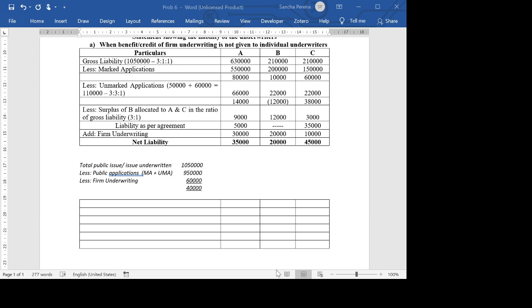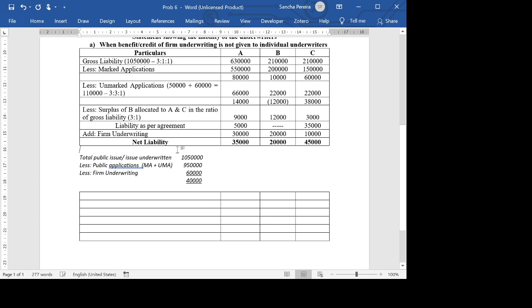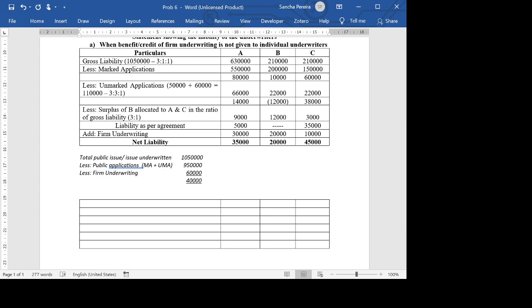My question is, what do the underwriters have to pay the company? No response? What do the underwriters have to pay the company for? I'm waiting for an answer.